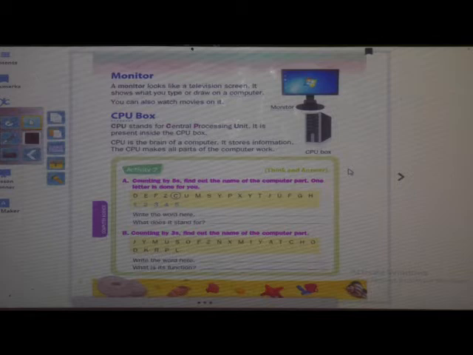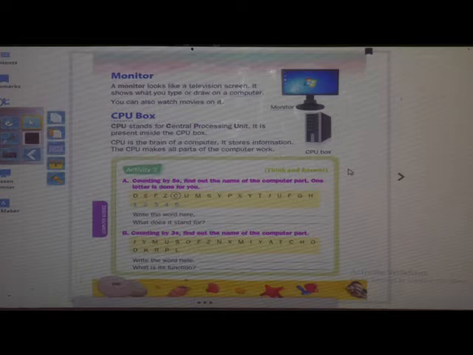Okay, now let us learn in detail. The very first, that is monitor. What is monitor? Yes, a monitor looks like a television screen. It shows what you type or draw on a computer. You can also watch movies on it. Have you seen monitor? Yes, all have seen. It looks like a television screen.